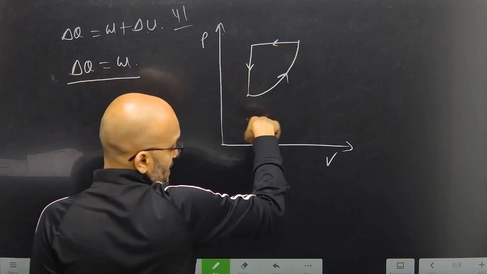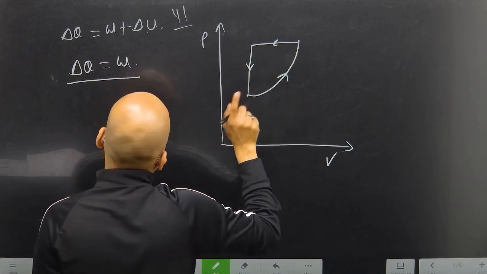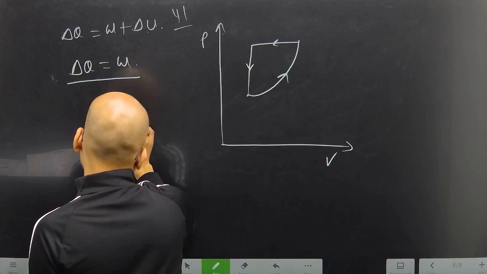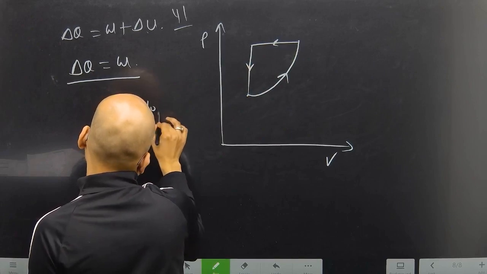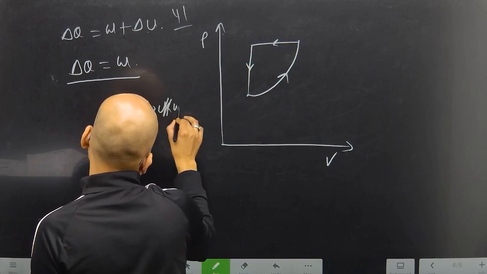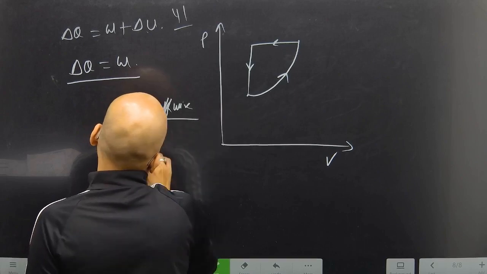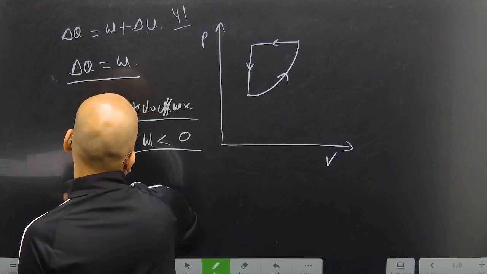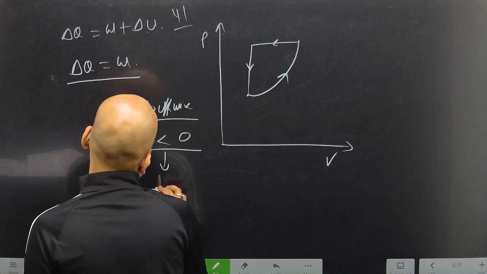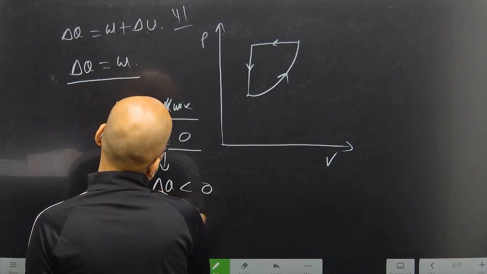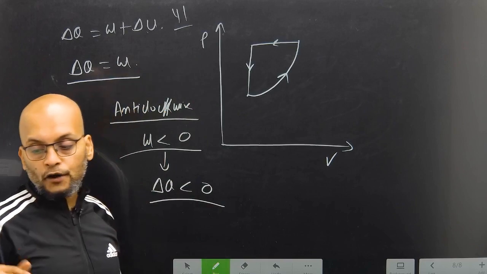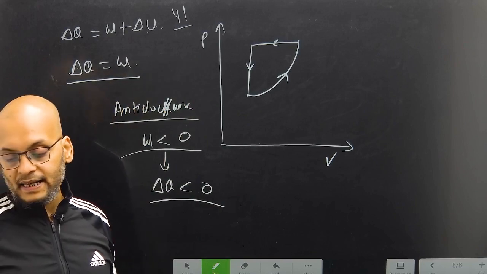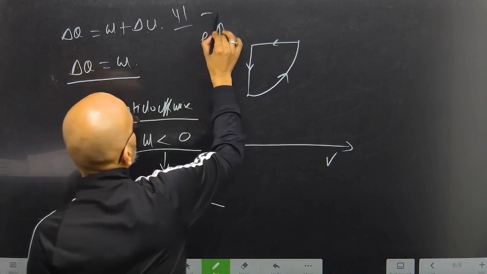And the process is an anti-clockwise closed process. So for anti-clockwise, your work done is negative, right or wrong? And work done corresponds directly to delta Q, that means delta Q will also be negative. So option D is correct.